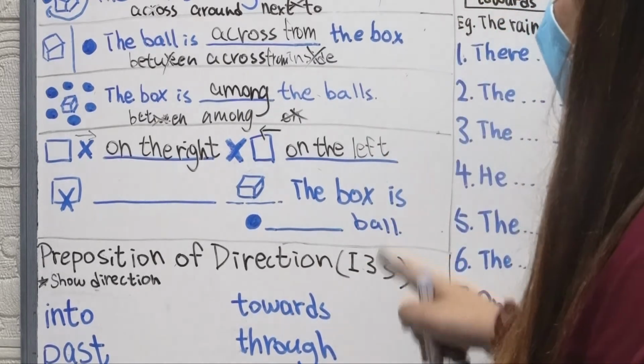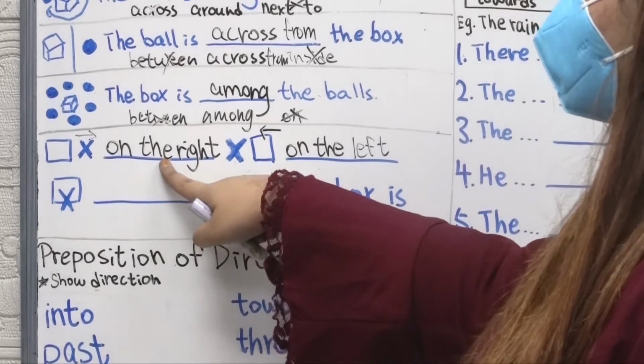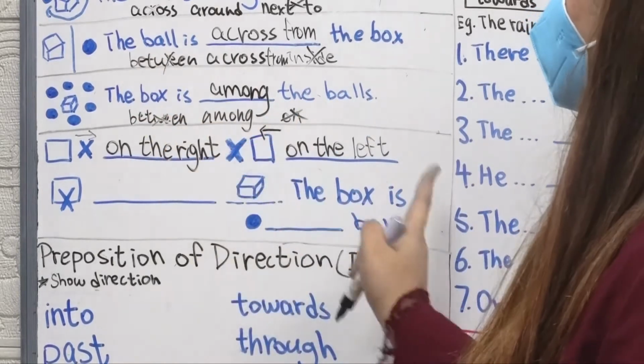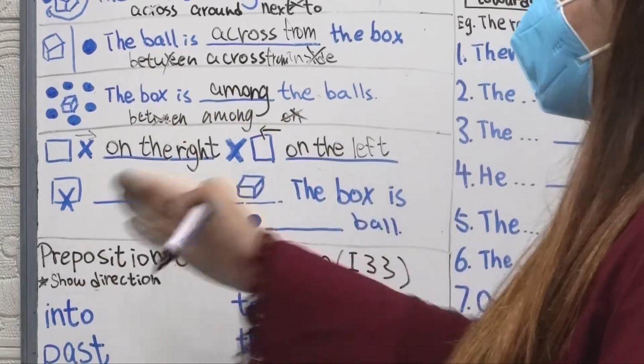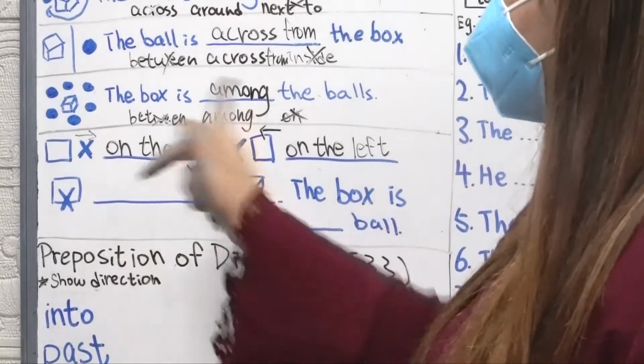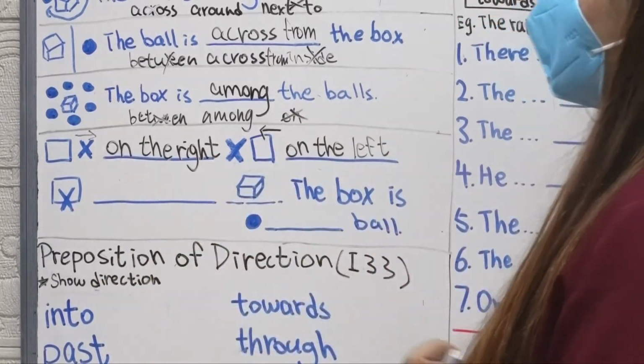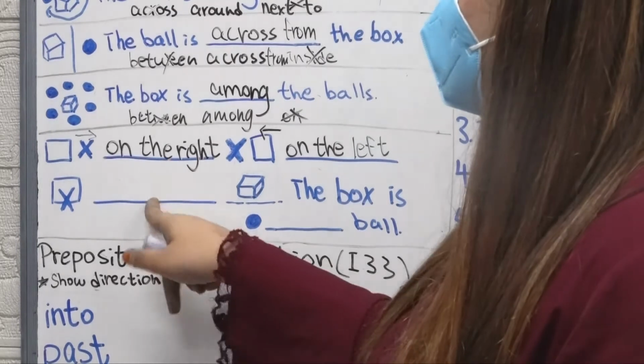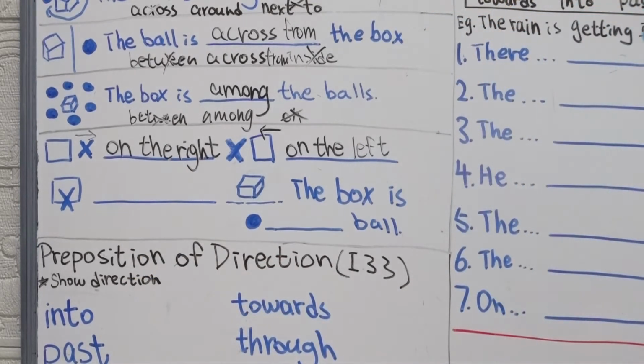So the opposite of left is right, and the opposite of right is left. Opposite. Okay? Right and then left. Understand? Good.